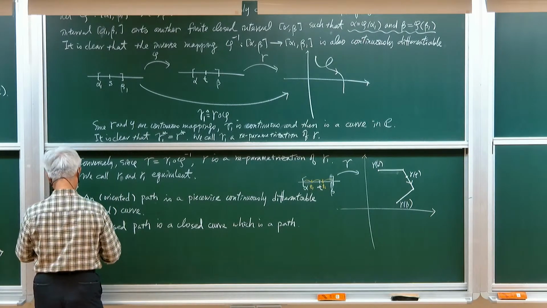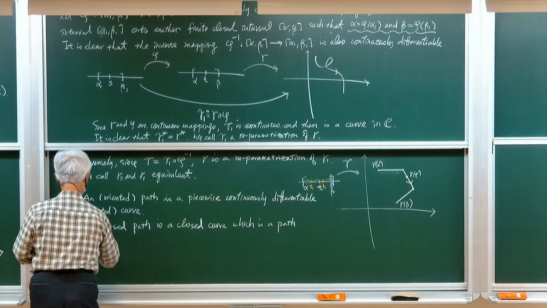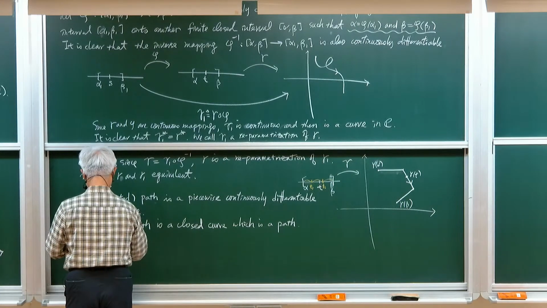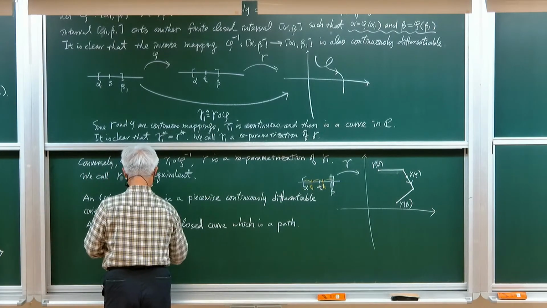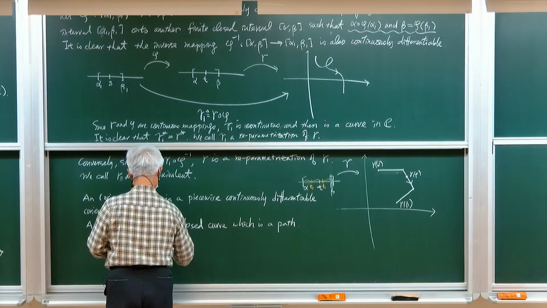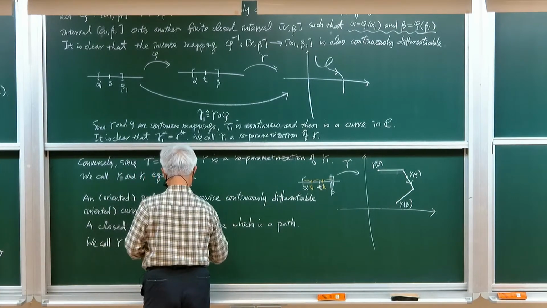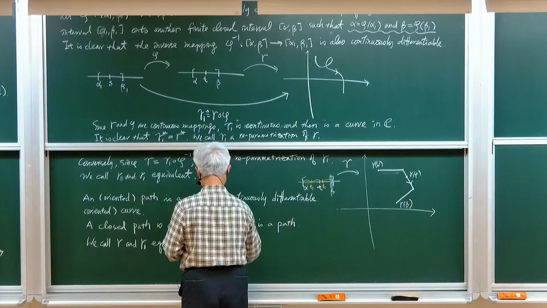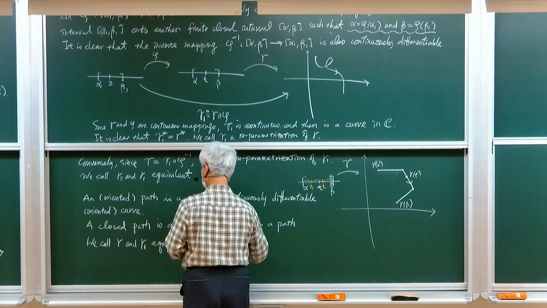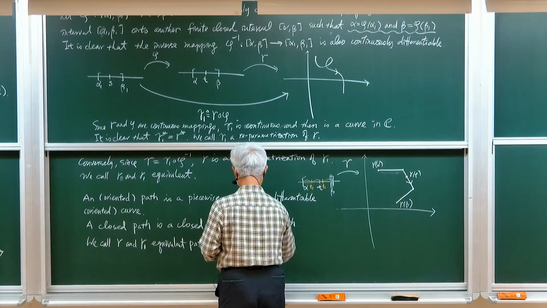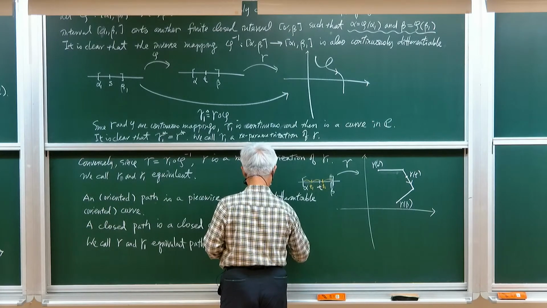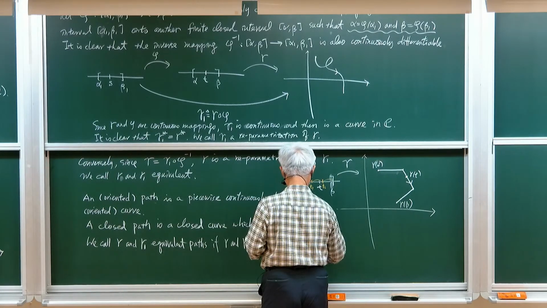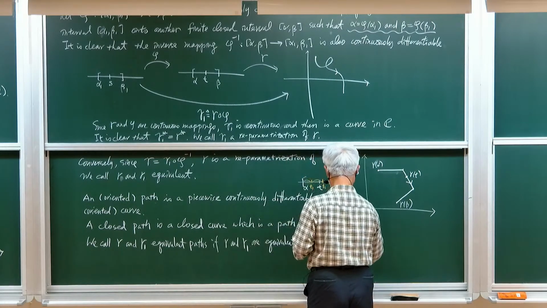And we call gamma and gamma 1 equivalent paths if gamma and gamma 1 are equivalent curves which are paths.